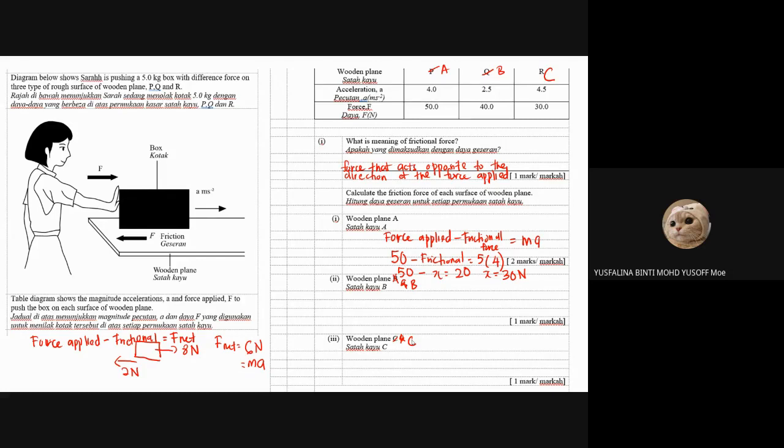Okay, I'm sure you already answered the question, so let me call someone. Chang Chui Shan, are you here? Yes, okay. Can you give me the answer for wooden plane B?